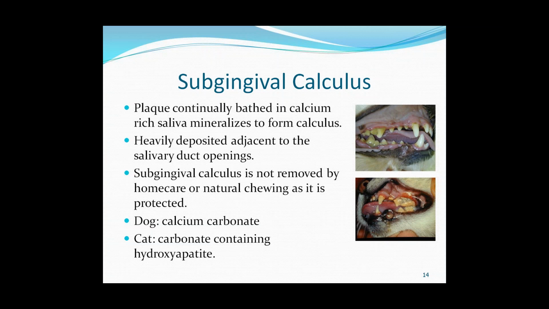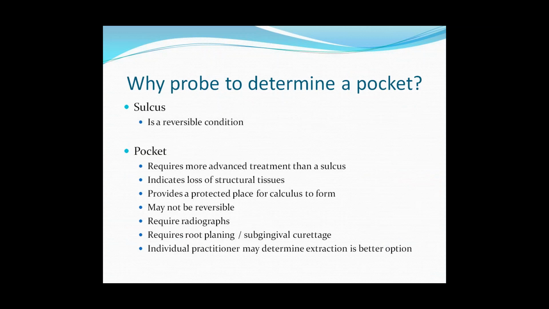It also provides a very rough surface so that the epithelial lining, even if it were to become clean, wouldn't be able to reattach to the tooth surface, in other words, back onto the cementum as well. So subgingival calculus is one of the primary reasons we need to clean teeth and establish a healthy environment.